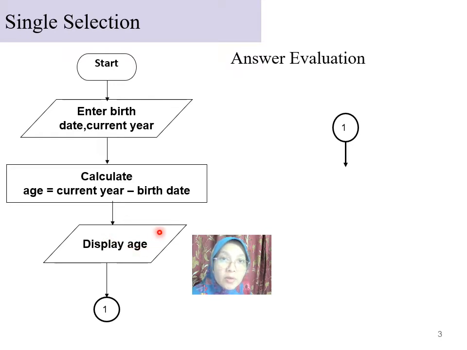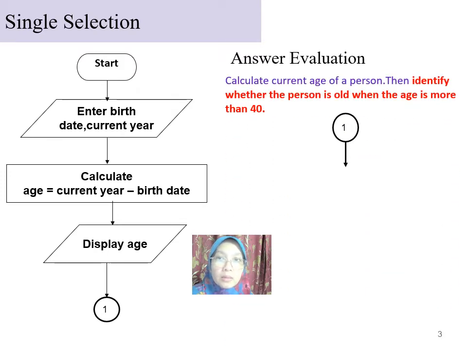How about we go further with the age? Continue to check whether the person is old when the age is more than 40. You can see the symbol here in the flowchart. I draw a symbol like that because this is an on-page connector.